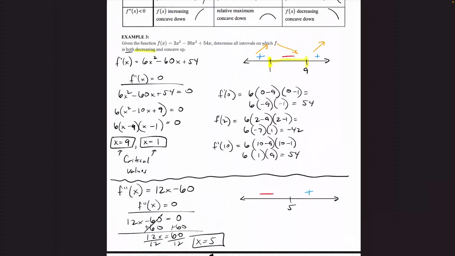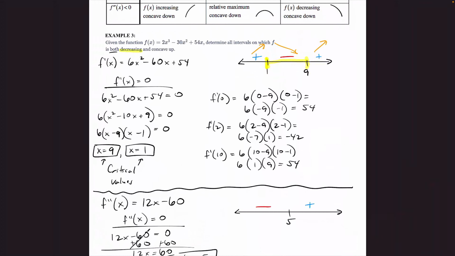So what we're focused on is concave up, right? Concave up is here to here. This can sometimes be hard because you have to put both on top of each other to see where both are true. Where is it both decreasing and concave up? 5 to 9.